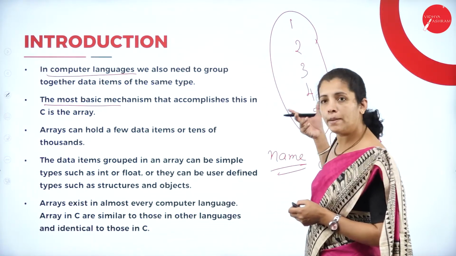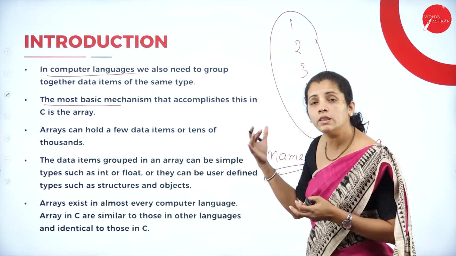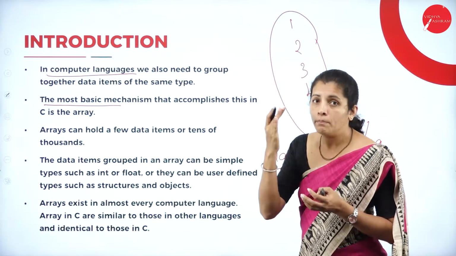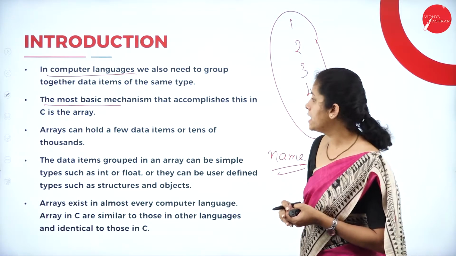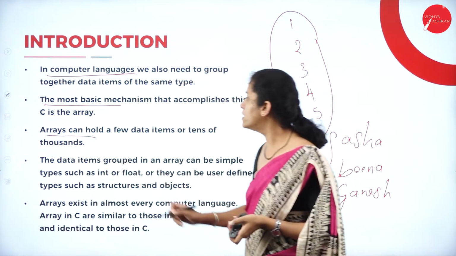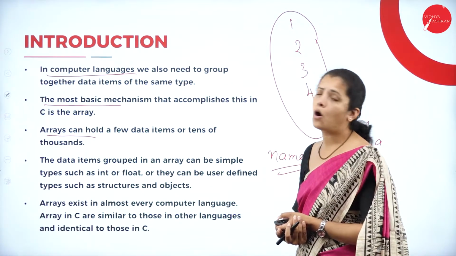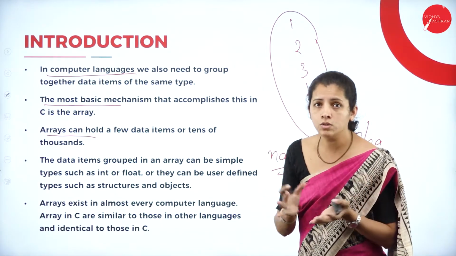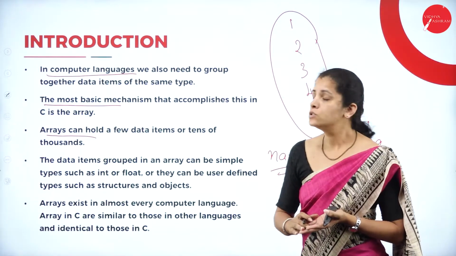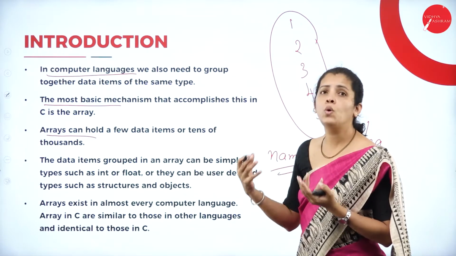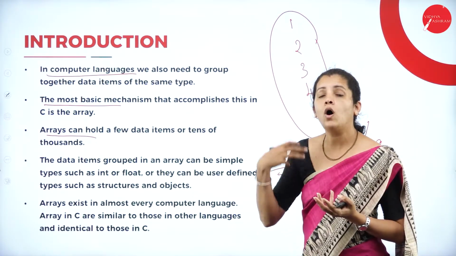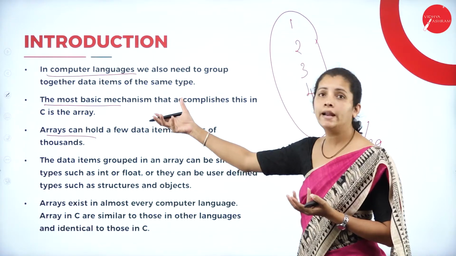So, I can store more than one item by using the same name. An array can hold a few data items or 10 or 1000. It depends on the user. So, arrays are capable of holding 5, 10 or 50 data items.